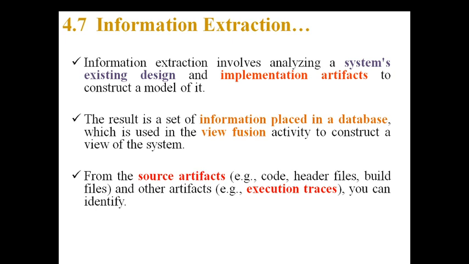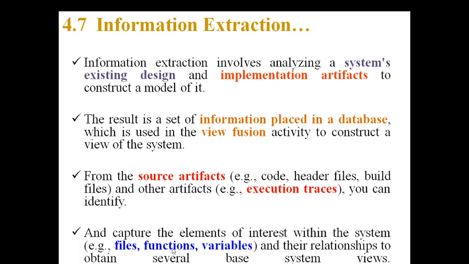What exists between one module and another, we have to think about that, and capture the elements of interest within the system. The elements I mentioned previously, for any code or application, are nothing but files, functions, or variables, and the relationships. We have to verify that.